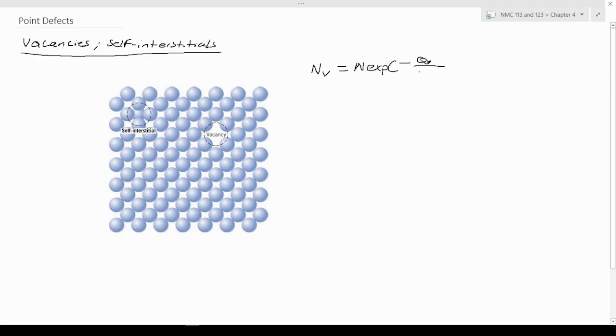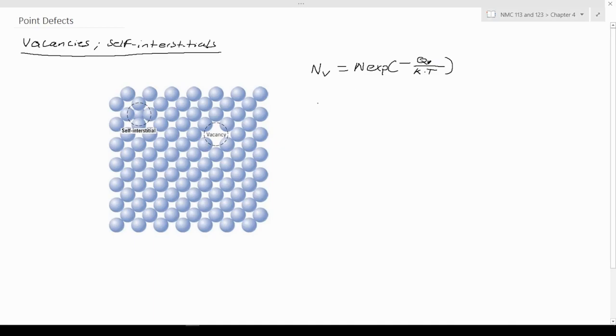And then you have Boltzmann's constant k, and temperature in kelvins. So the relationship is actually shown in the dependency of vacancies on temperature.